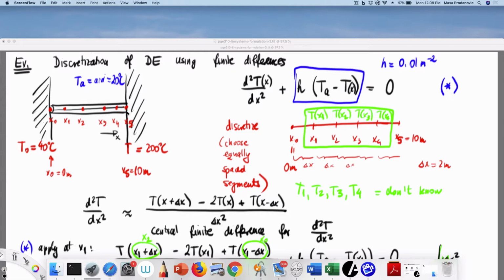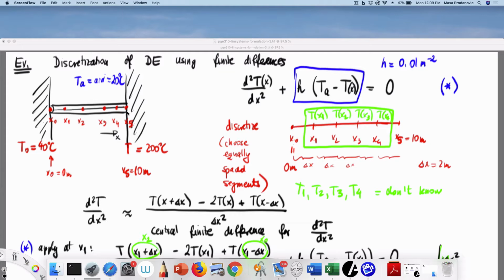So here, my boundary conditions are this wall on the left that is kept at 40 Celsius degrees, and the other one on the right that is kept at 200 Celsius degrees. So that gives me my T0, T of x0, and T5, which is T of x5. The 4 in between we have to find, and we have to set up the equations for.